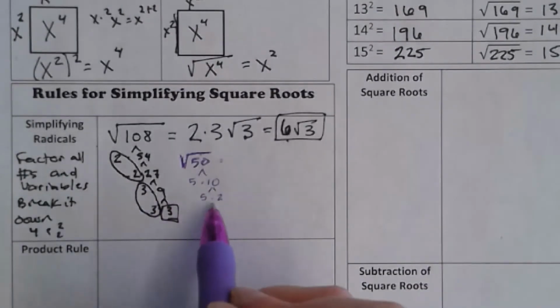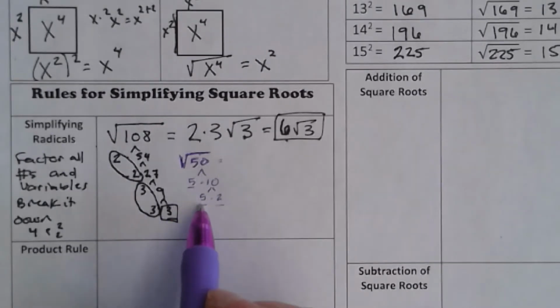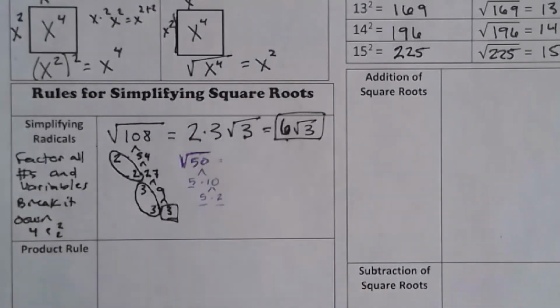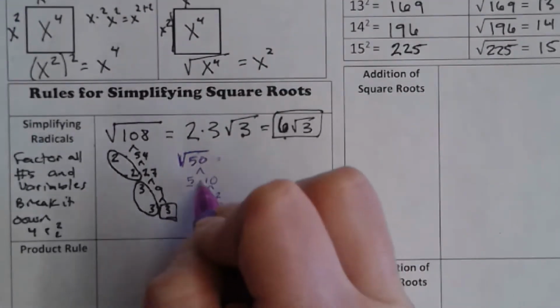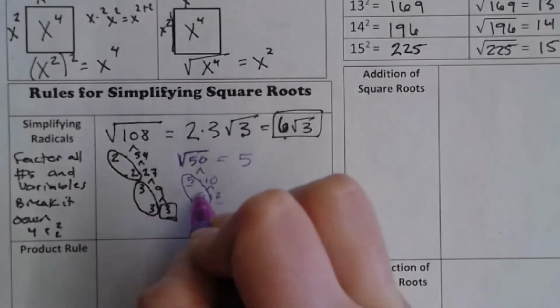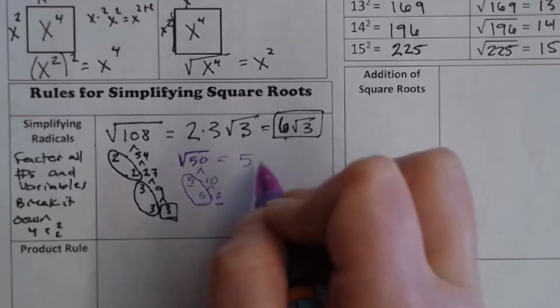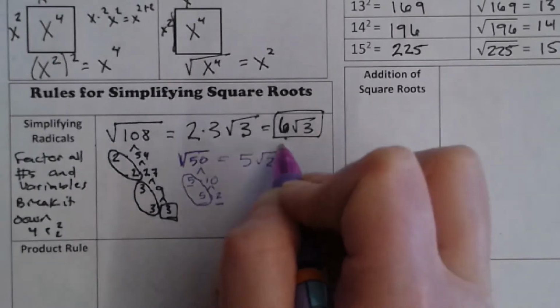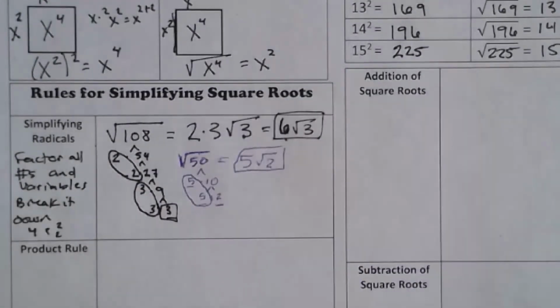So always start with your prime factorization. 5, 5, 2. 5 times 5 is 25, times 2 is 50. So there's my prime factorization. Here's a pair of 5's. So I have a pair of 5's, so 1 5 comes out, and I have a 2 left. So 5 square root 2 is my answer.